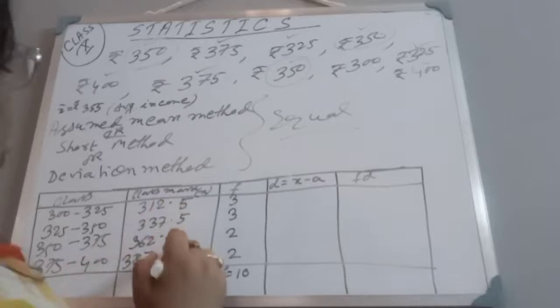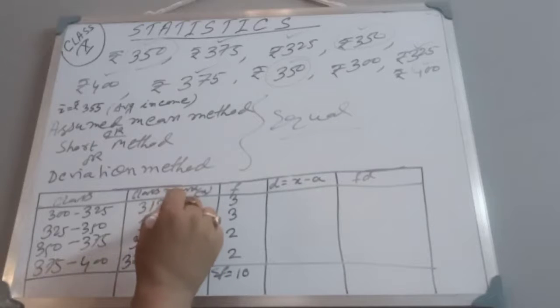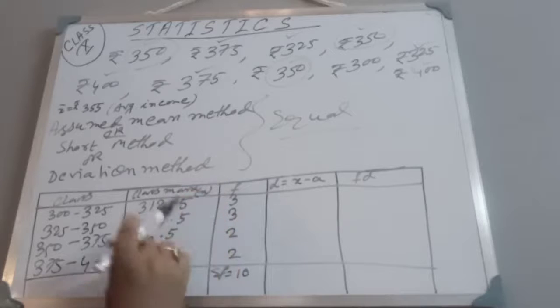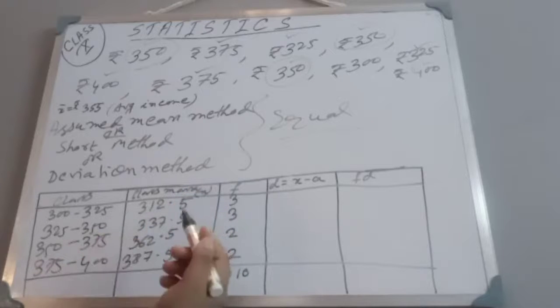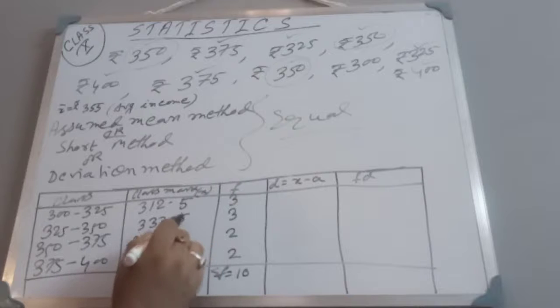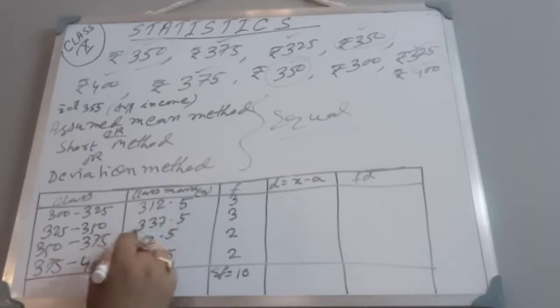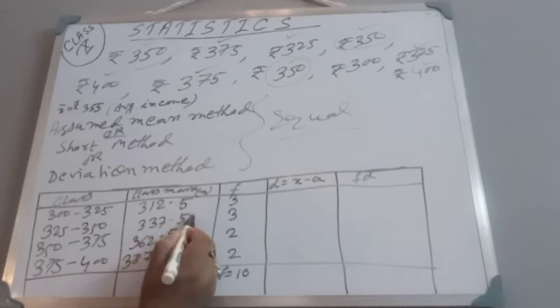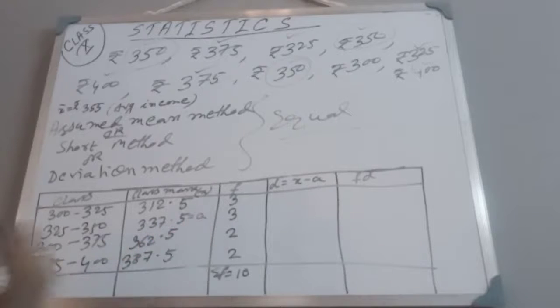If we discard the first two and the last two, there is no mid number. So what to do? We can take 337.5 or we can take 362.5. Anything we can take. So let us take 337.5 as A.